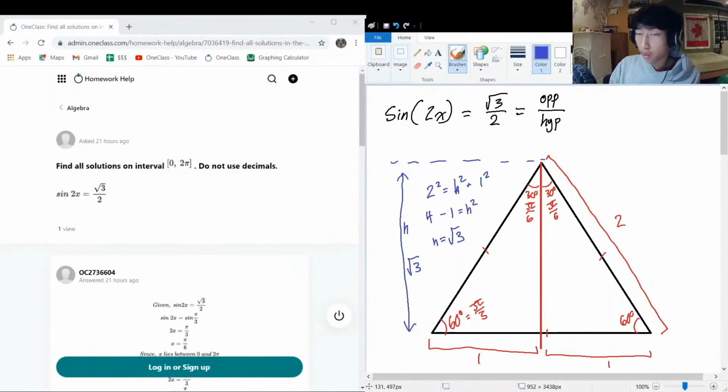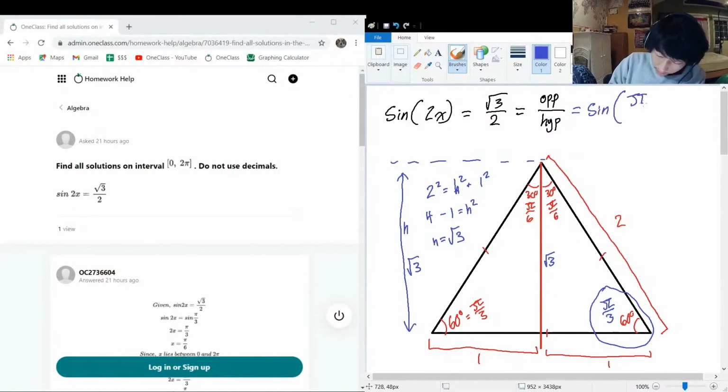And which angle would it correspond to if we have the opposite as square root of 3 and the hypotenuse as 2? Well, we would need this angle right here, which is pi over 3. This is the only way we can correspond to that. So this has to be sine pi over 3.